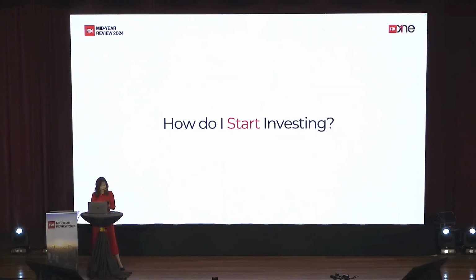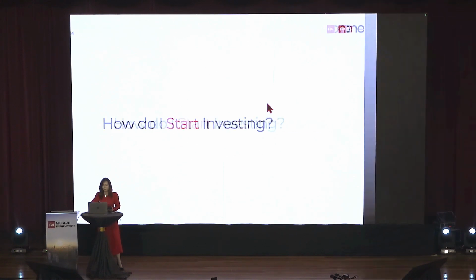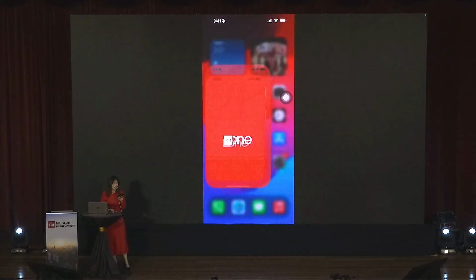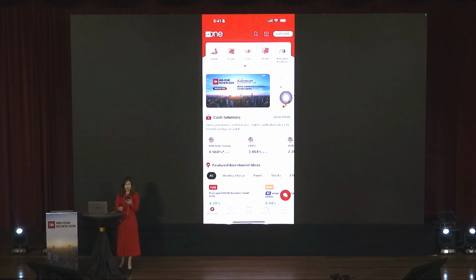So the first one is, how do I start investing? If you have the FSMOne app, you can also move along together with me. I will be demoing via the app.